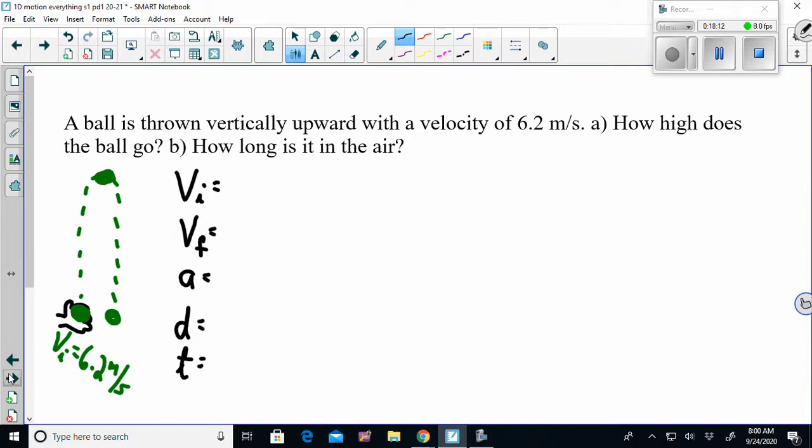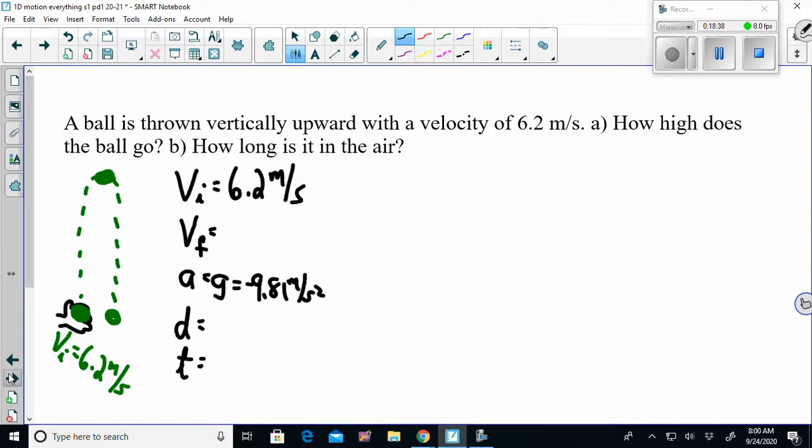Again, I know once the ball leaves my hand, it's in free fall. So I know the acceleration is going to be g, or negative 9.81 meters per second squared. And I know it starts with an initial velocity of 6.2 meters per second. That's all I got.